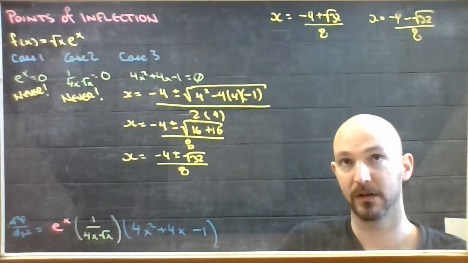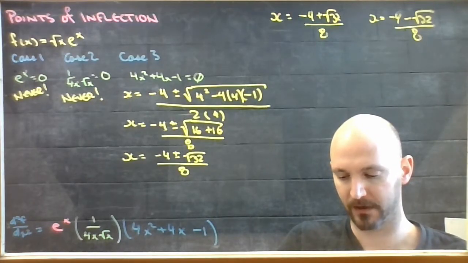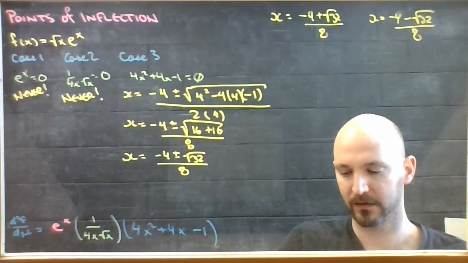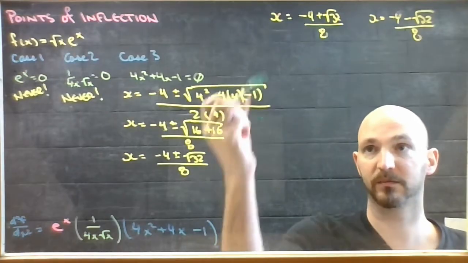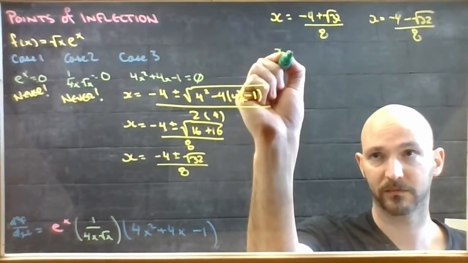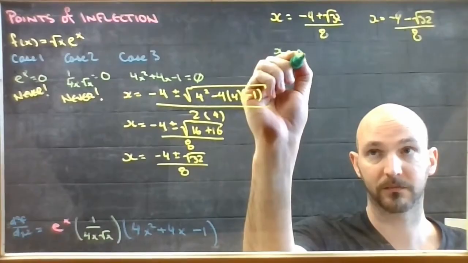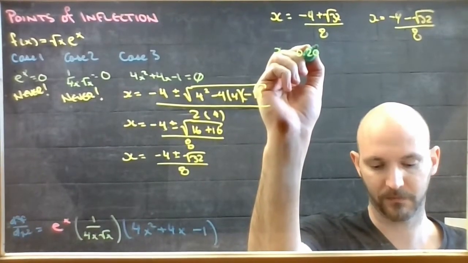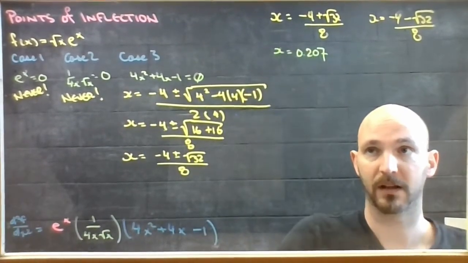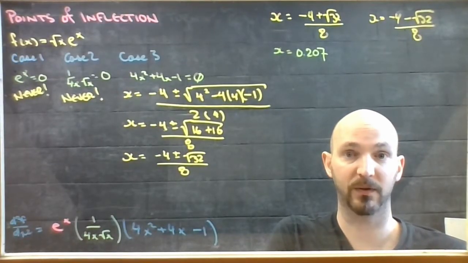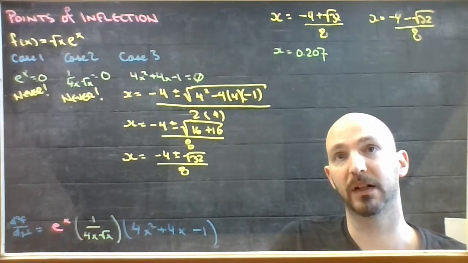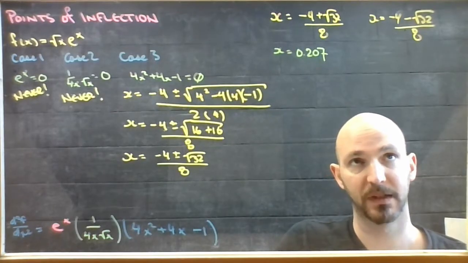Check. 4 divided by 8 is 0.207. Now we could render that in a reduction of radicals, but for what we're doing, I think just decimals will do.